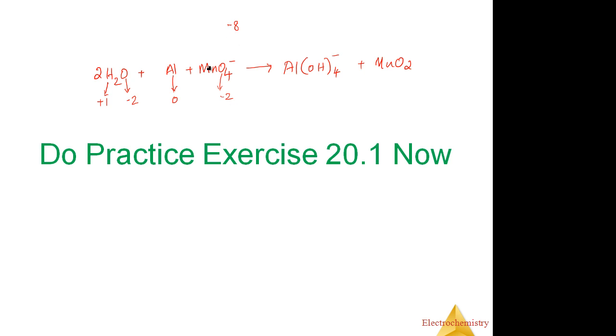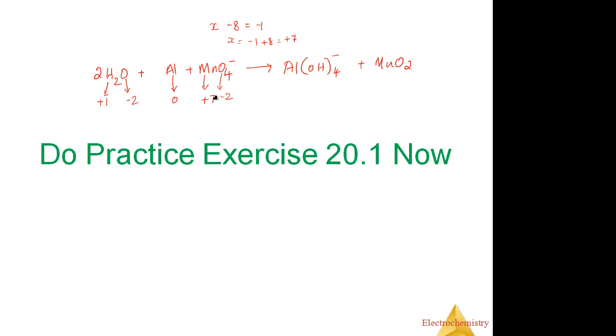So as I said, you can just put manganese as X, and the sum of this should give you what? -1, the charge of the species. Now solve for X. So X is -1 plus 8, which is +7. So manganese has to be +7. That is the oxidation number of manganese.